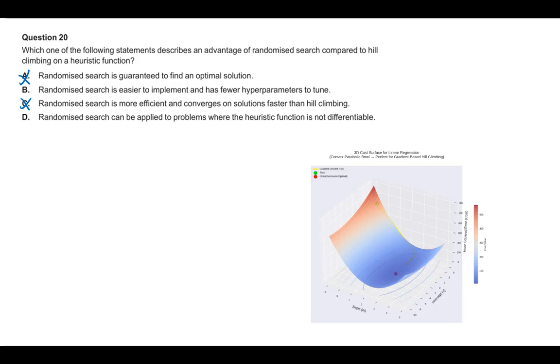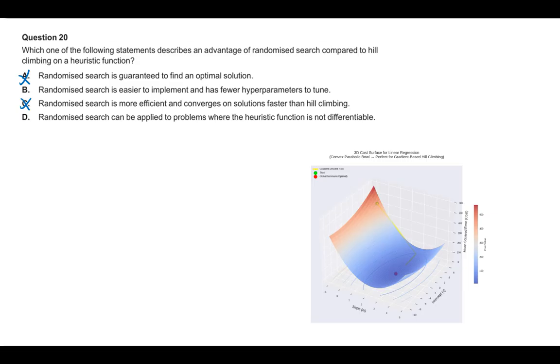And what I've shown you here is a search space which is differentiable, which makes hill climbing very good. So what I've got on the bottom right is a nice search space to use for hill climbing, whereas we want to use simulated annealing, let's say, when we can't differentiate the function.